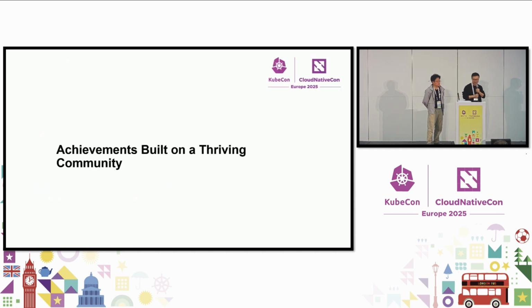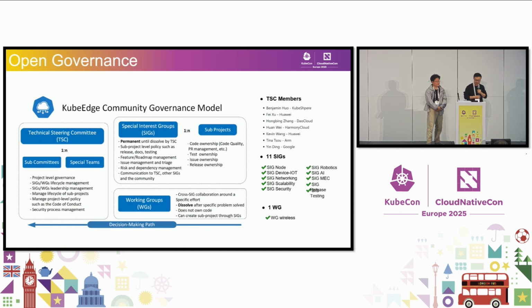Okay, next let's see the KubeEdge community, because KubeEdge is an open governance community. First let's see the governance model in KubeEdge. From the diagram you can see we have the TSC. Below the TSC we have some subcommittees and special teams, and we also have many SIGs in KubeEdge.